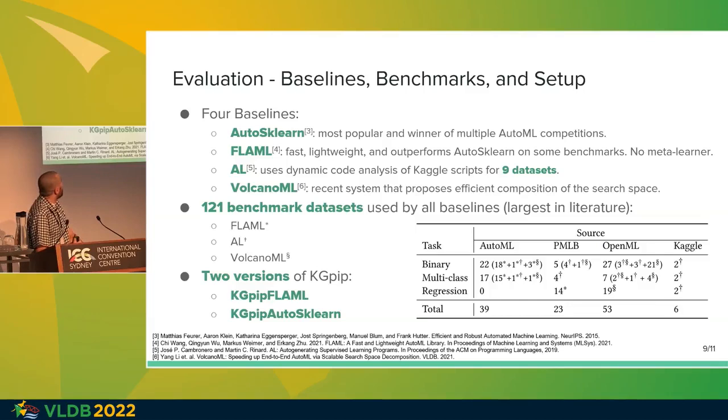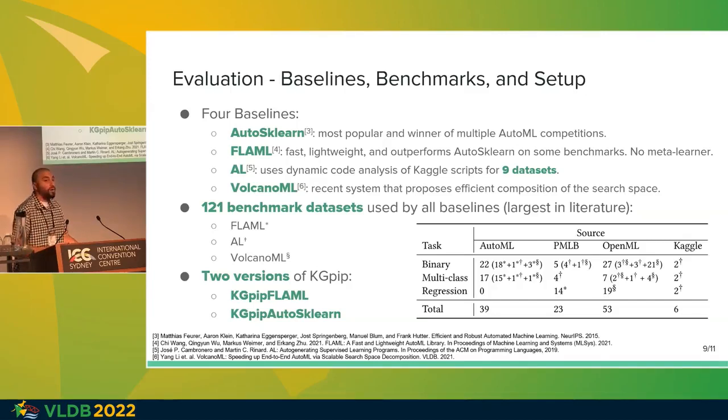AL is an approach similar to ours. It uses dynamic code analysis in order to learn from Kaggle notebooks, but it's not scalable because it was only evaluated on 9 datasets. That is, they needed to run these notebooks on Kaggle, which is inefficient and time-consuming. And VolcanoML is a recent system, also proposed in VLDB in 2021.